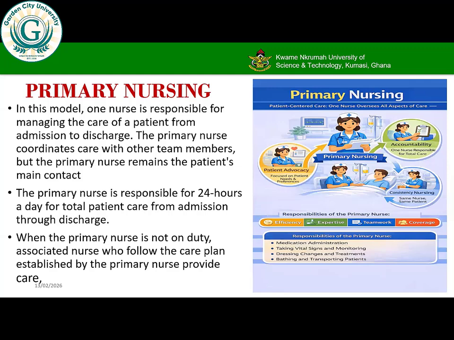There's an associate nurse who follows the care plan established by the primary nurse and provides care. But when he or she comes back, the associate nurse hands over everything and informs the primary nurse what happened in his or her absence. So that is the primary nurse.